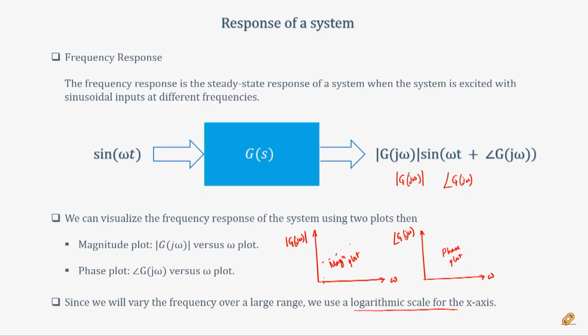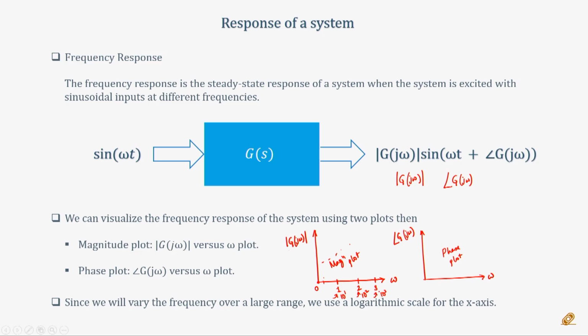That is the reason we use a logarithmic scale for the x axis. If 0 is here and 1 is here, this point is nothing but 10 to the power of 1. If 2 is here, this point is 10 to the power of 2. If 3 is here, this point is 10 to the power of 3 in frequency.